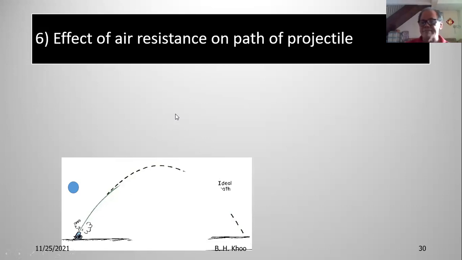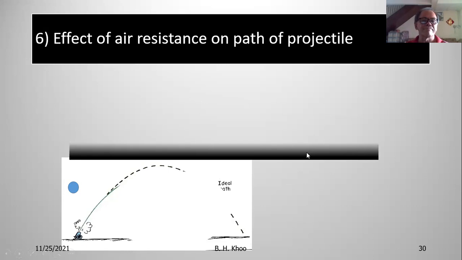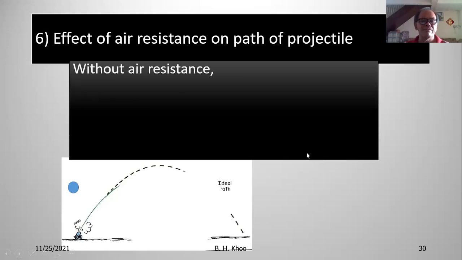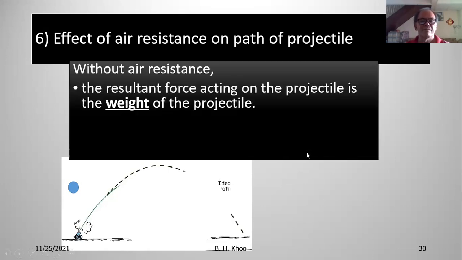Effect of air resistance on the path of a projectile. This is a path where there is no air resistance. Right? Without air resistance, it's a parabolic path. That means if you draw a line vertically through the maximum height, the two sides are symmetrical. The resultant force acting on the projectile is the weight of the projectile.